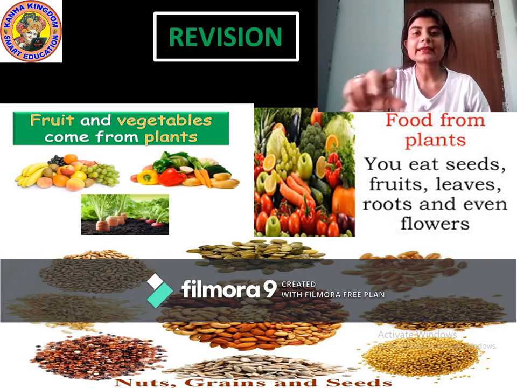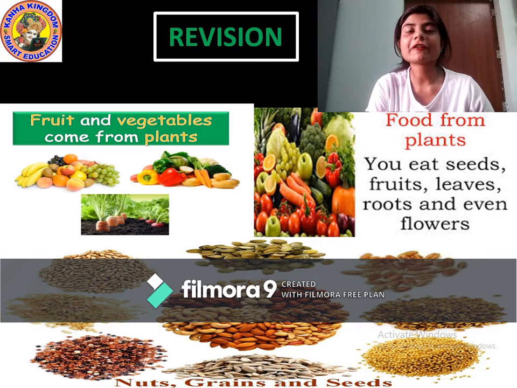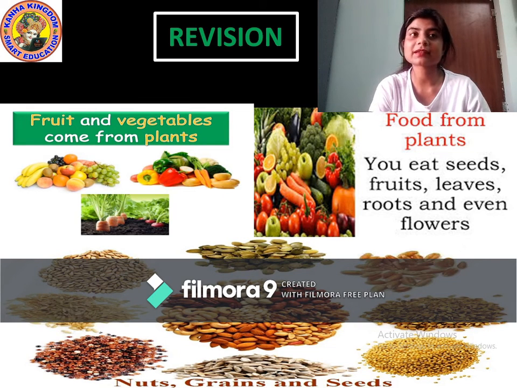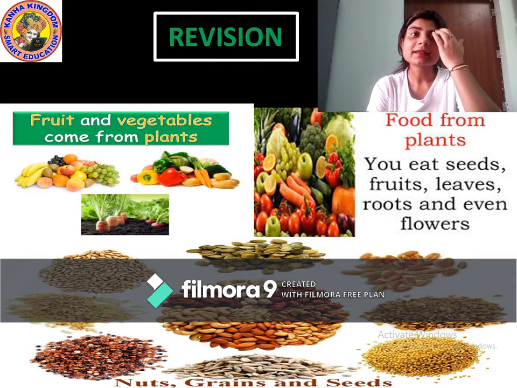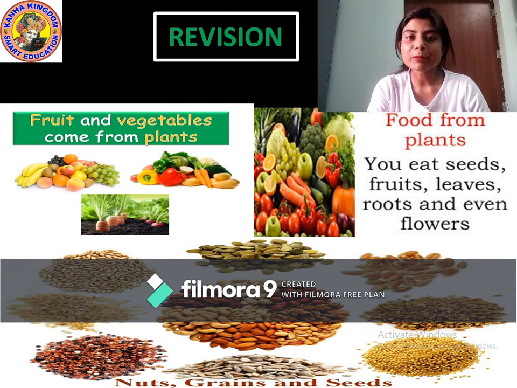Okay. Then comes the stem of the plants that we eat as vegetables. Those are sugar cane, mushroom, then spring onion, bamboo shoot, fennel. Fennel means soft. Okay.